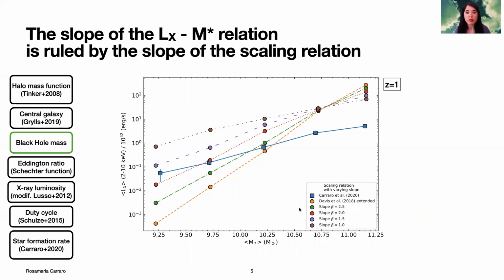And we vary its slope from about 3 of the original relation, shown in orange data points, down to 1 with brown data points. This shows that the slope of the scaling relation directly affects the slope of the LX to M star relation, and our data is compatible with the shallow slope of the scaling relation.